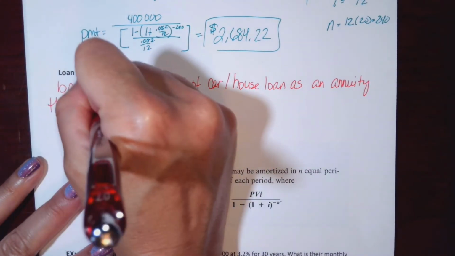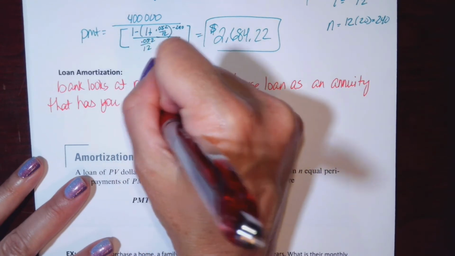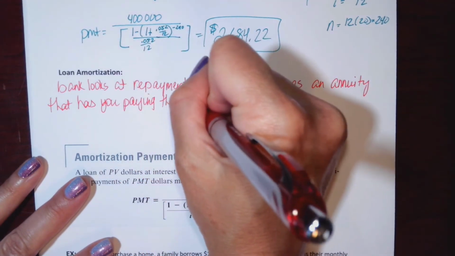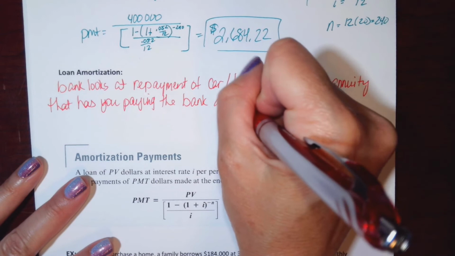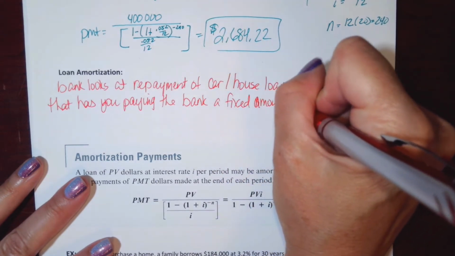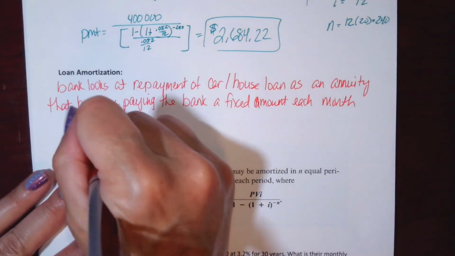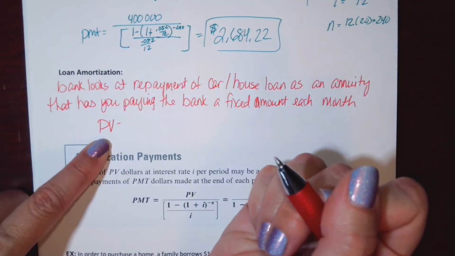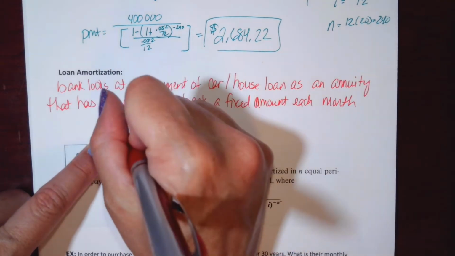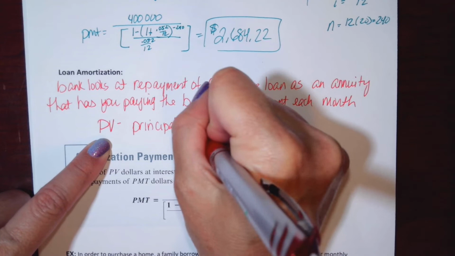That has you paying the bank a fixed amount each month. In this case, when we talk about PV or present value, that's the principal, which is the amount you borrow.